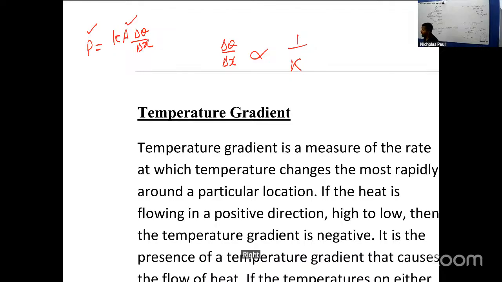Right, thermal conductivity, sorry. Right, temperature gradient is inversely related to thermal conductivity. Right, but you have some logic why, right? Are you okay with the reason why? Nancy?